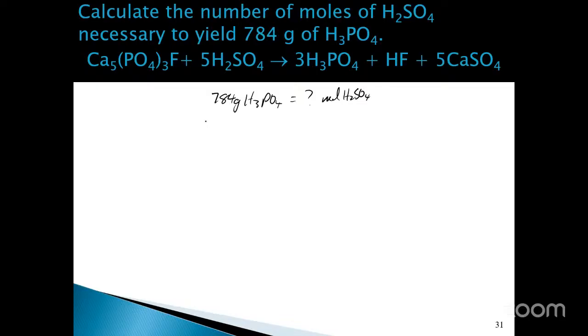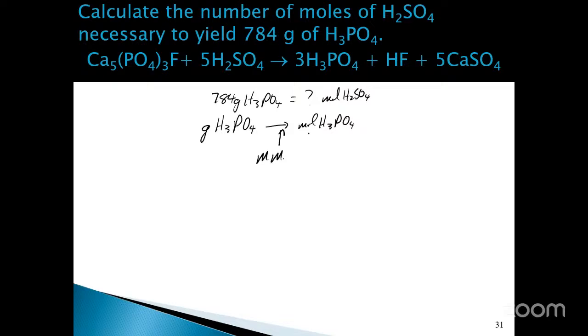So in this particular case, what we have to do first, and I'm going to draw a flow chart here, you have to start with the grams of the phosphoric acid, and then you convert that grams to moles of phosphoric acid, right? And in order for us to do that, we need the molar mass of the phosphoric acid.